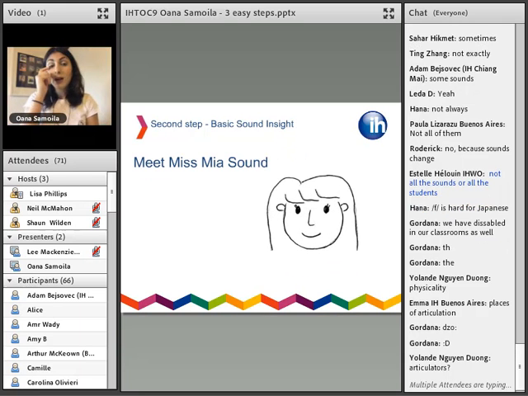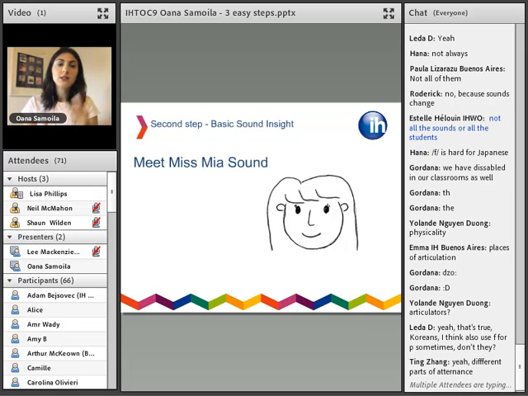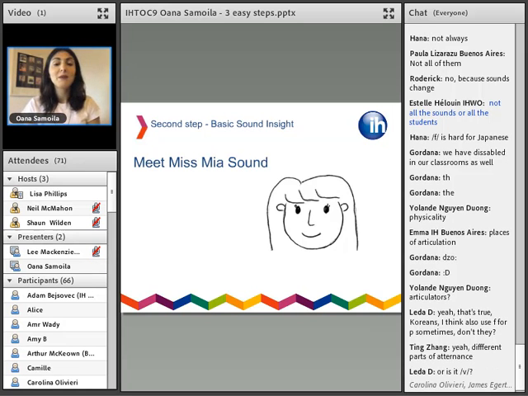What I did was I thought they need a guide. I need to find something that makes it clear to my students that I'm doing Pron right now. And this is what they have to do. So I created this little character called Mia Sound. I gave it the name of my grandma because she has a very strong voice.